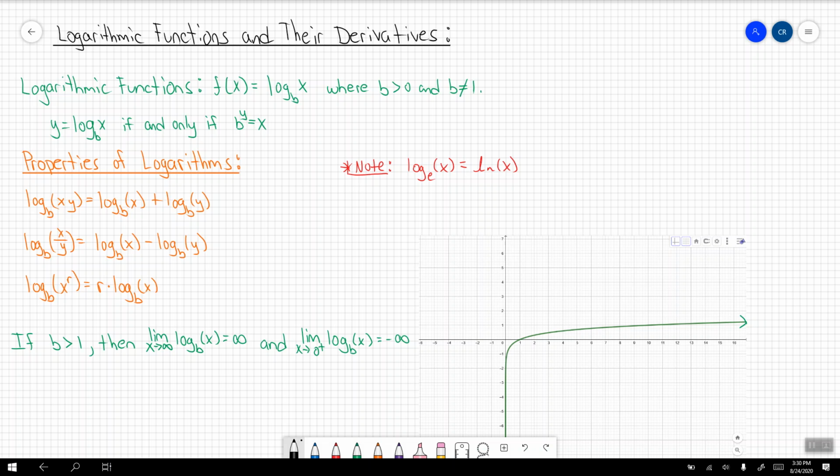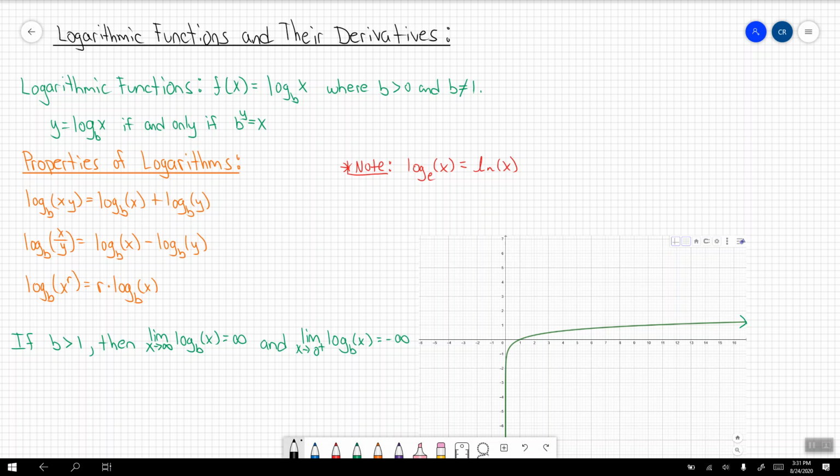Anytime that we have a logarithm with some base and we have multiples in the argument, then we can separate that logarithm into logarithm base b of x plus logarithm base b of y. In other words, that argument for the logarithm now gets split into the addition of the values that were in that logarithm.